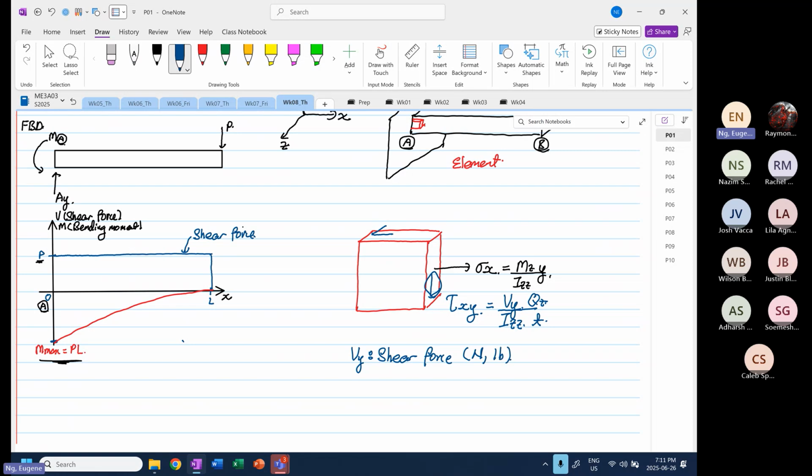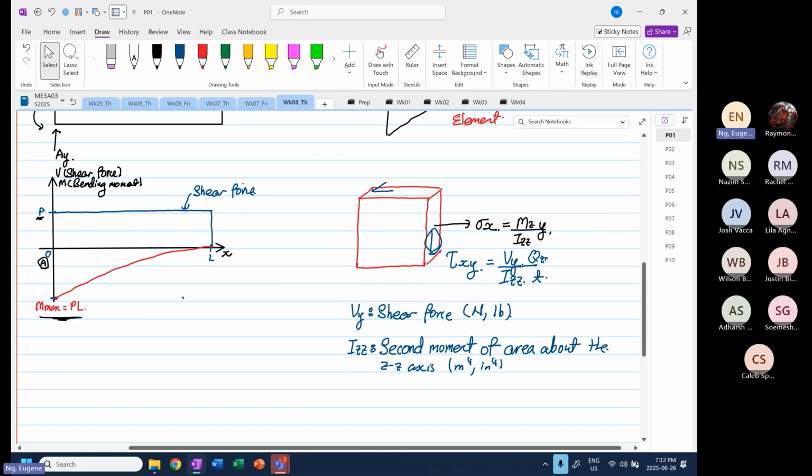And then we have our Izz, which is our second moment of area about the ZZ axis. Units can be in meter 4 or inches to the power 4.